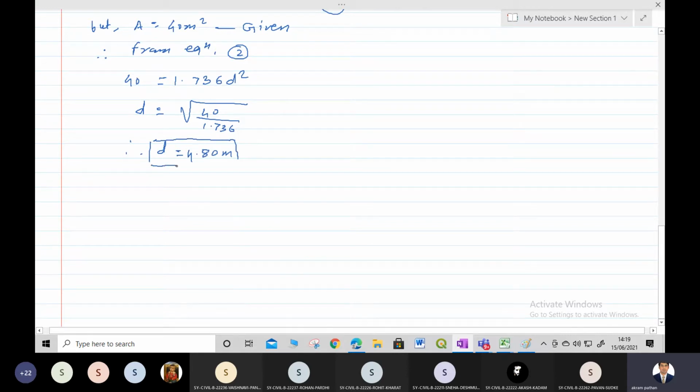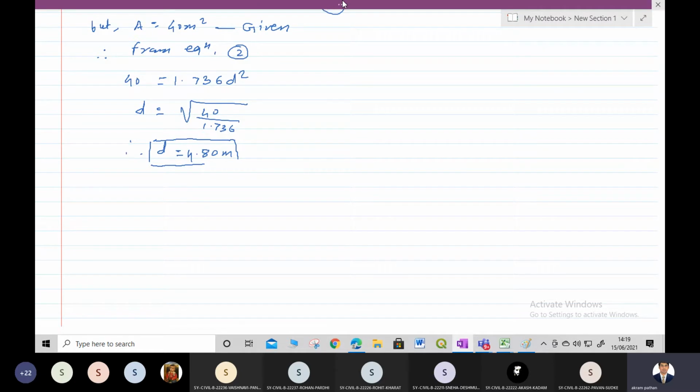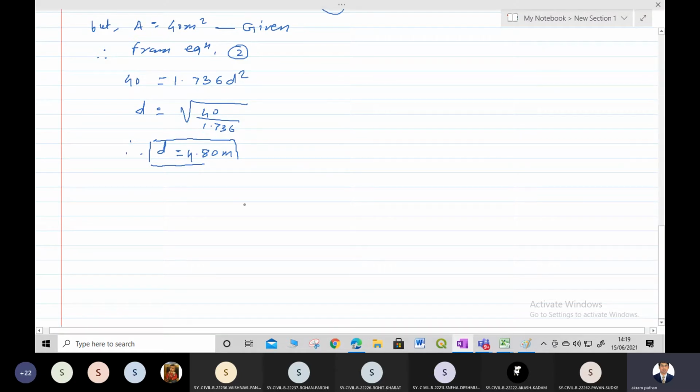So this is the depth of the flow in the trapezoidal channel, 4.8 meter. Now from equation 1, we will get the bottom width also, b.